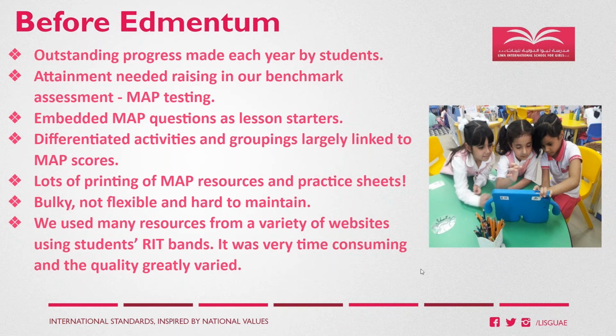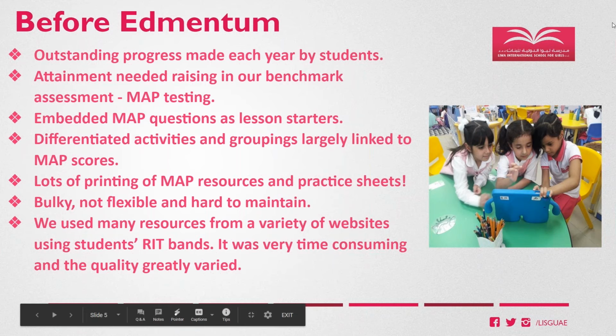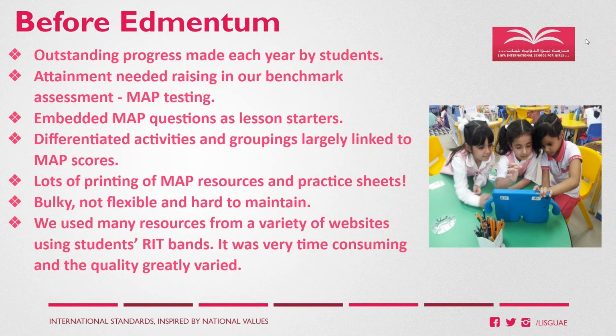All right, so I'll talk a little bit about what happened before we had ExactPath in preparing children for the MAP assessments. From 2016, we've always had outstanding progress. We did need to raise attainment in the MAP subjects: reading, language, science, and maths. So we looked at putting in provision to ensure the girls are successful at each MAP point.